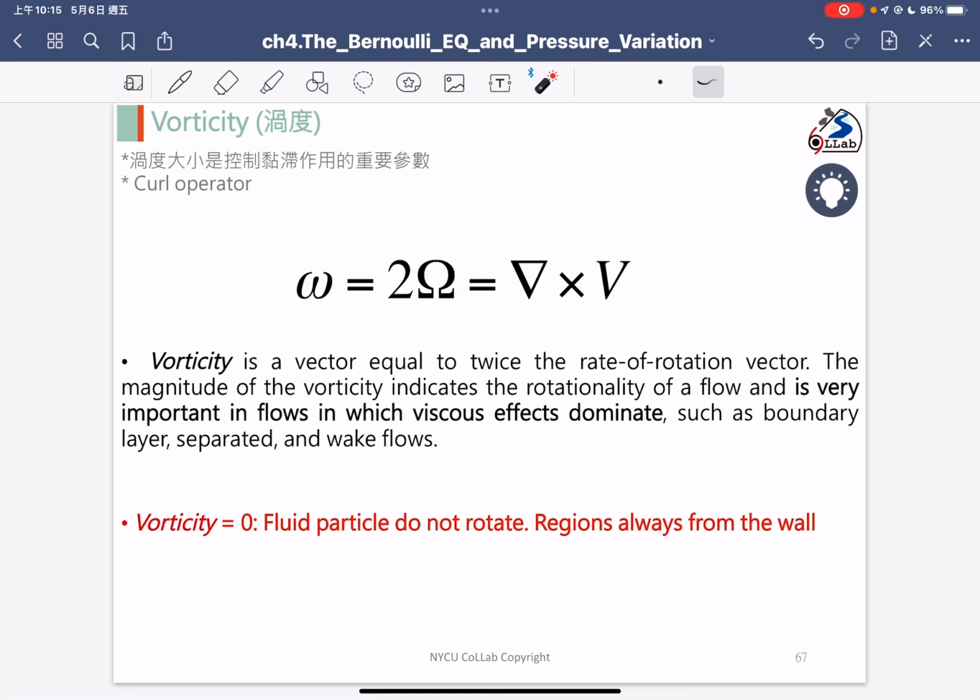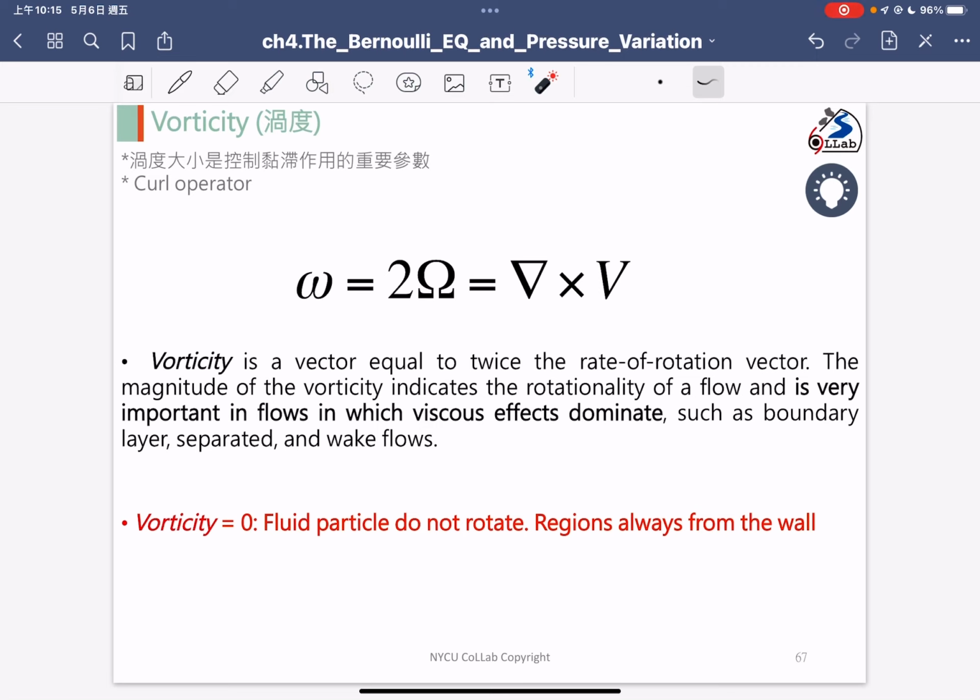Okay, so I emphasize some ideas. If the vorticity equals 0, that indicates the fluid particle does not rotate. And the second, sometimes the region is far away from the wall. Because if the fluid particle is much closer to the wall, there is some viscosity effect along the boundary.